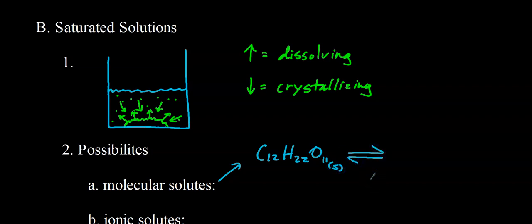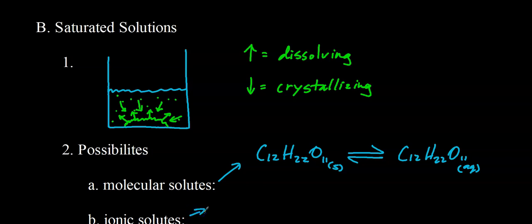Saturated solution, so we want a two-way arrow, double arrow, equilibrium arrow. And what happens to the sucrose in solution? Well, it doesn't dissociate. It's not made of ions. But the solid particles will break apart into individual molecules that, of course, are in the aqueous phase. They are surrounded by water molecules. So that's the case if it is molecular.